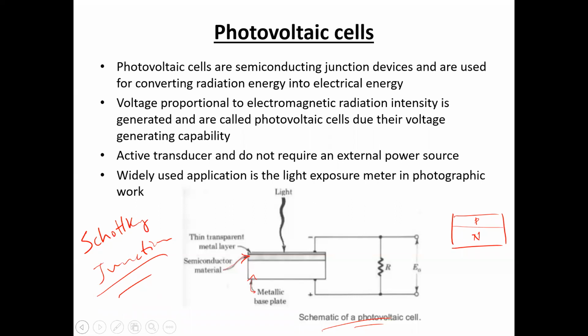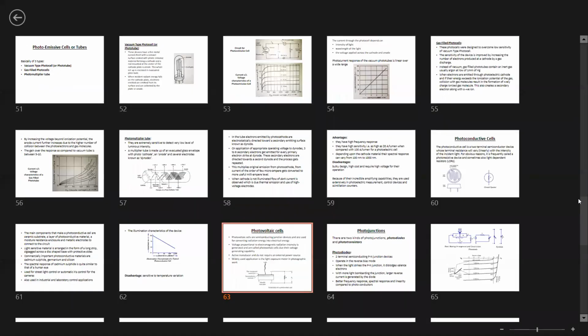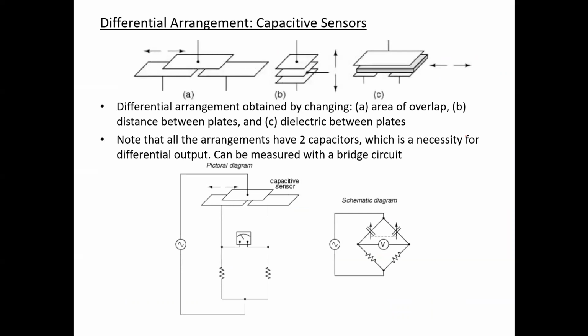Now, in the previous class of section A, when the capacitive transducers were discussed, a small portion was not covered, which was later discussed in section B. As both the sections have joined here today in this session, the portion regarding the differential arrangement of capacitive transducers has already been discussed in section B. So for section A, I'm just going to repeat it.